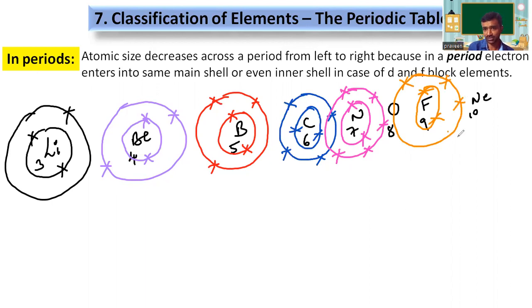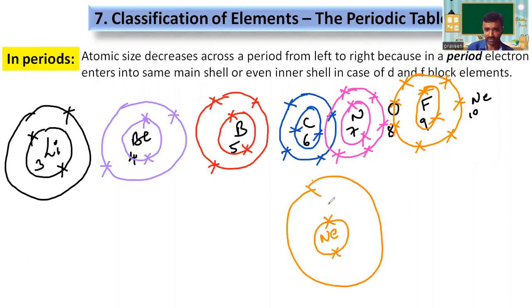So the counts are 2, 3; 2, 4; 2, 5; 2, 6; 2, 7. Next, neon: I am writing 2 in the first shell and 8 in the next. If there is any mistake in the count of electrons, you can modify.